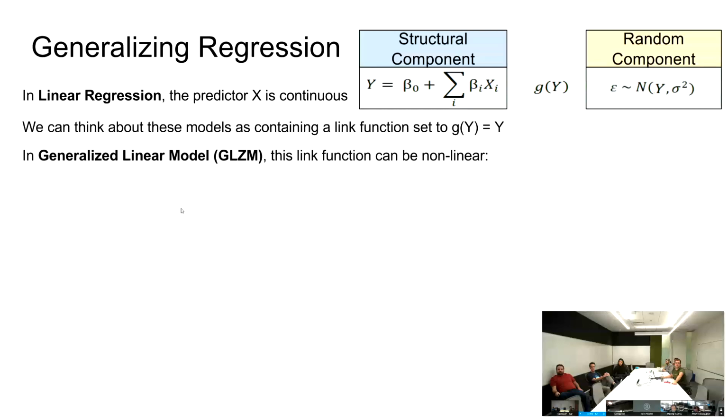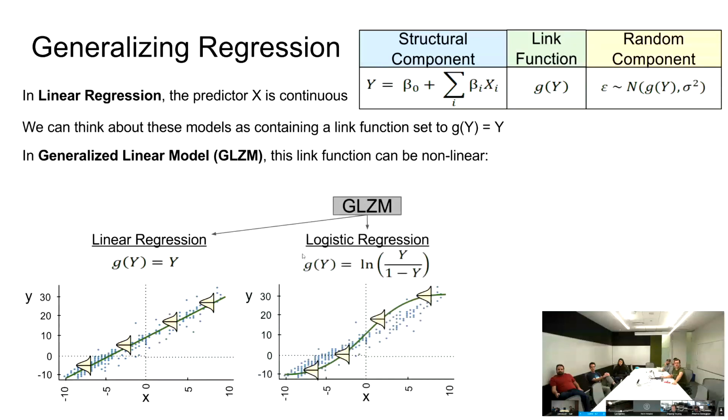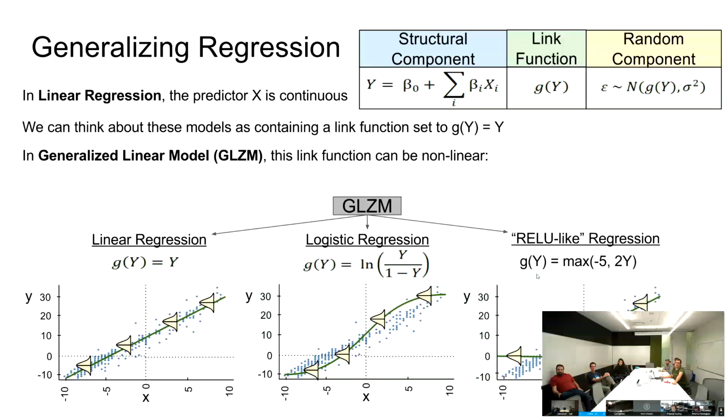And in a generalized linear model, this link function can be nonlinear. So if it is linear, if g of y equals y, then you recover linear regression. But if you have a sigmoid function, then your y is transformed and you create logistic regression. And more relevant to neural networks, you can pass it strange nonlinearities like this, and then your regression function is more of a ReLU-like neural network function.